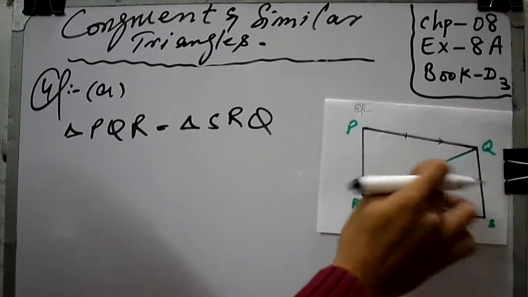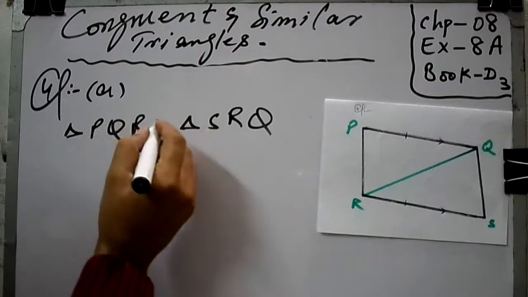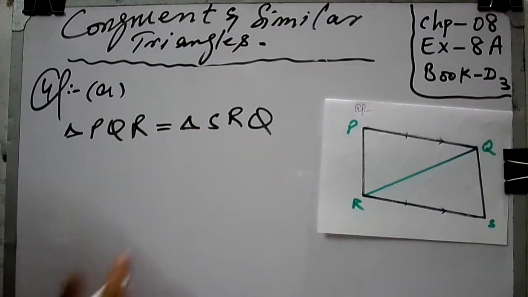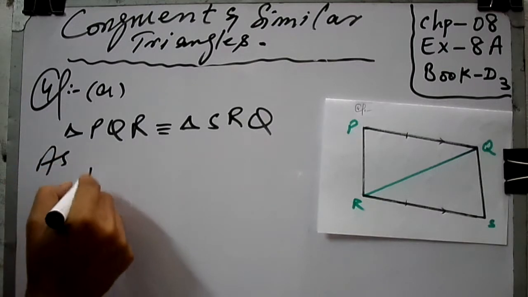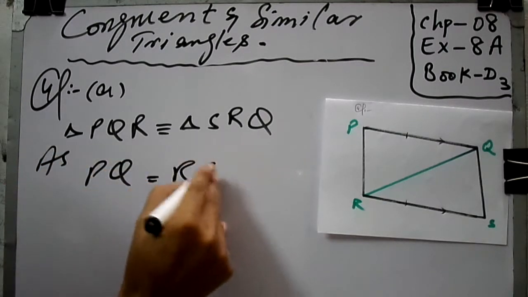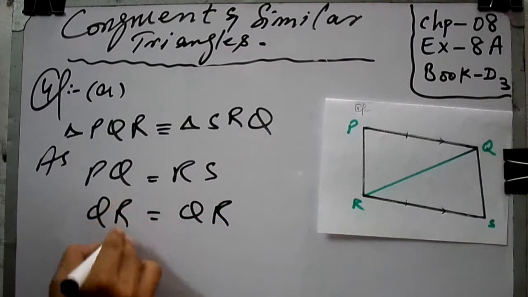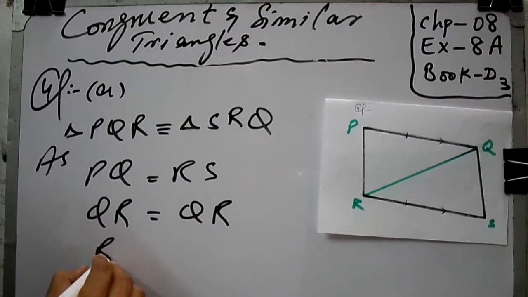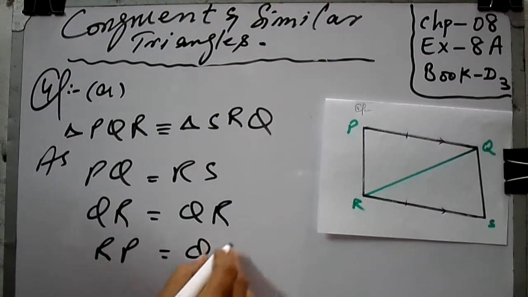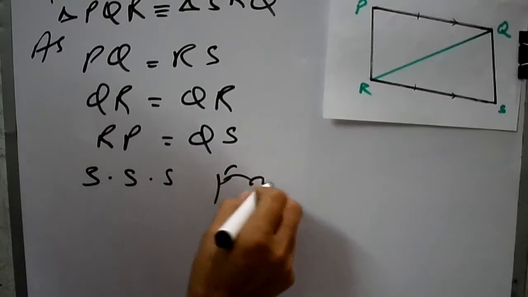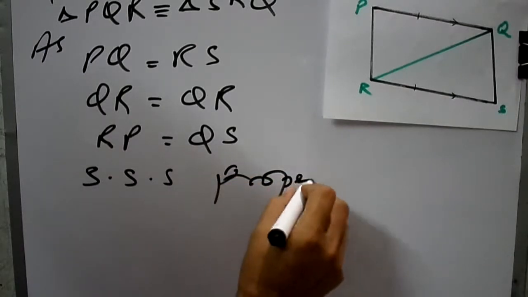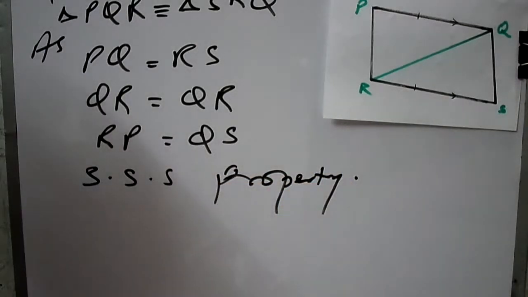SRQ, you can take this triangle, that is a congruent triangle. So as PQ is equal to RS and QR is equal to QR, that is a common side, and RP is equal to QS. So once again three sides are equal, so SSS property you have used here, that's why the triangles are congruent.